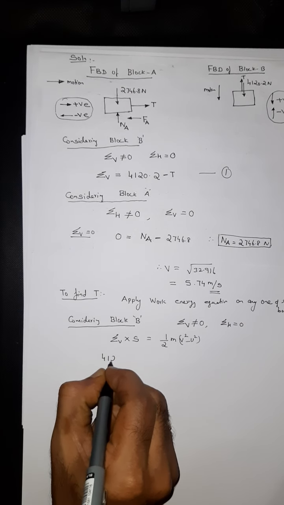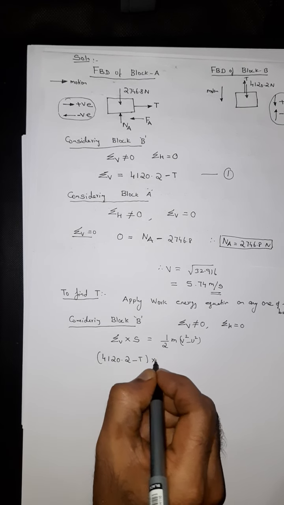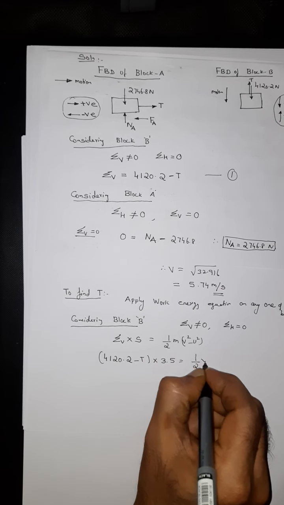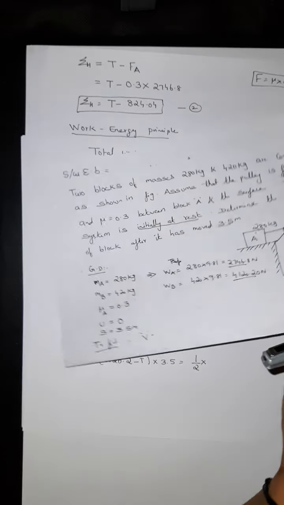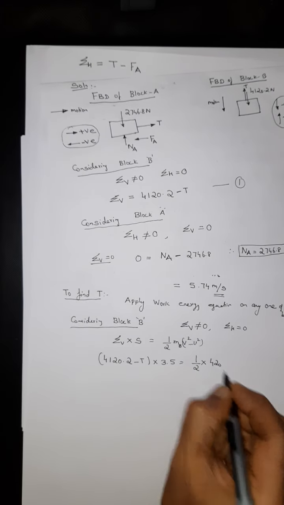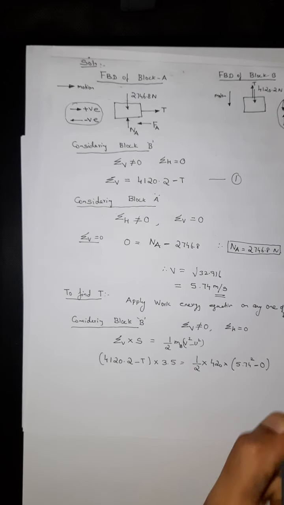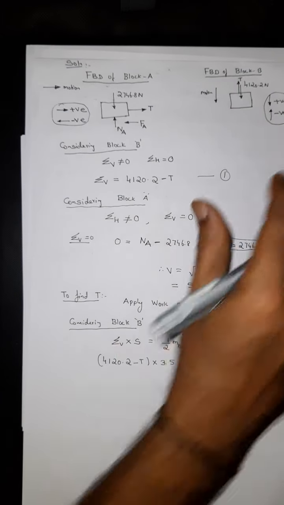So 4120.2 minus T into displacement 3.5 meters equal to 1 by 2 into mass of B, because we have considered mass of B, which is 420 kg, 420 into V, which is 5.74 square minus 0, because it starts from rest, so initial velocity of the body is 0.